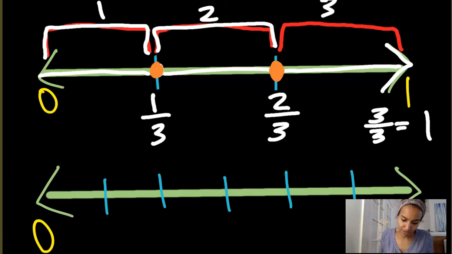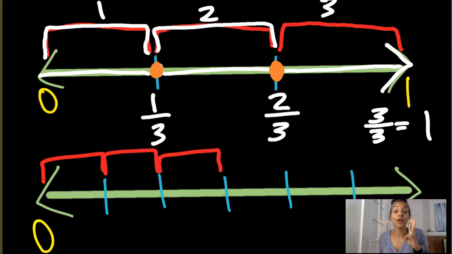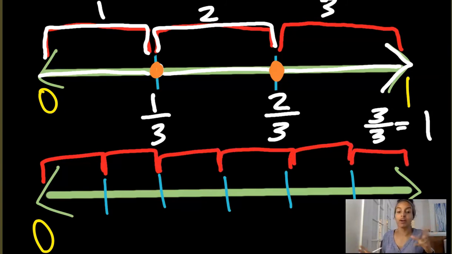So from here to here, 1 part, 2 parts, 3 parts, and I'm just going line to line, as you can see. 4 parts, 5 parts, 6 parts. So this number line has been divided equally into 6 parts. So I know that each point on the number line is going to have a denominator of 6.